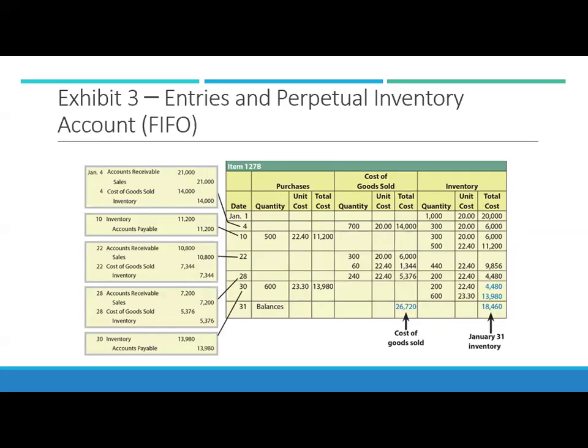All our inventory cost flow assumptions do is allocate that cost to cost of goods sold and ending inventory, with the fundamental assumption of we had what we started with plus what we bought minus what we sold, and then we have our ending inventory. And then that keeps our accounting equation in balance, the journal entries in balance.